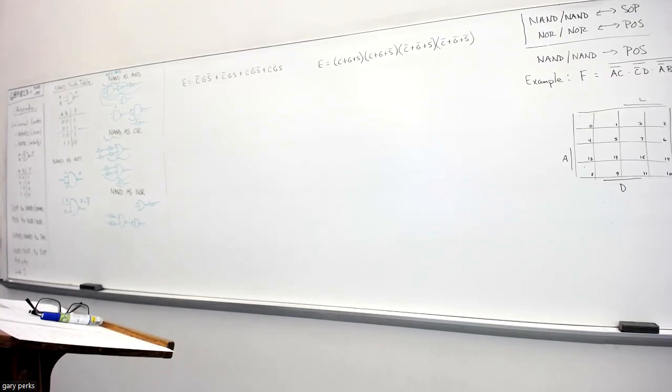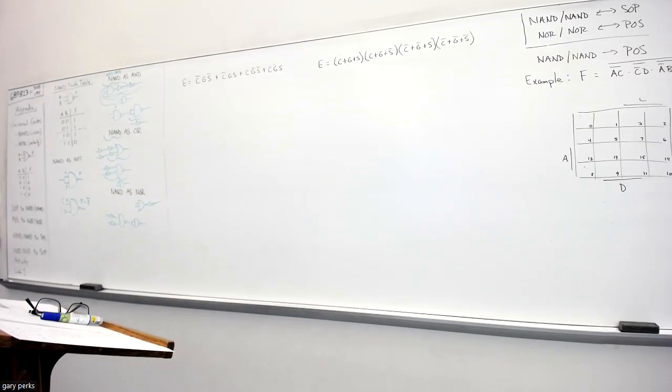But back in the day, these gates used to come in individual ICs. You would have an individual IC that had all inverters inside. It only had inverters. And you would have another separate IC that had just AND gates inside, and another separate IC that just had NOR gates, and another that just had OR gates.